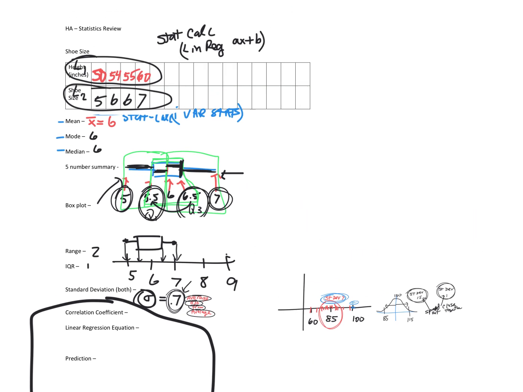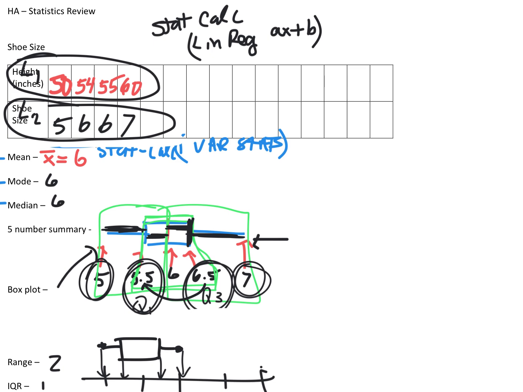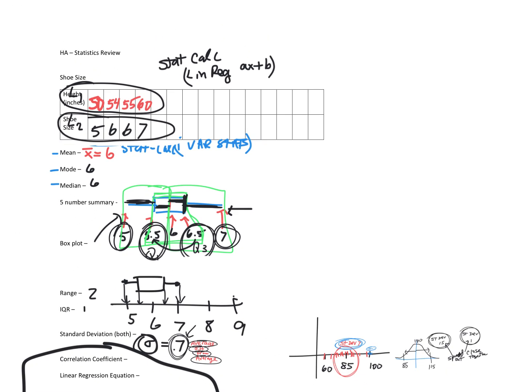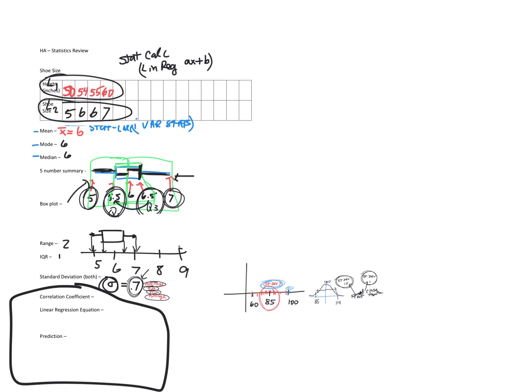The prediction, I'm going to ask you at the end after you've got the equation. What if the person is this tall? How big should their shoe size be? That'll be the prediction thing. All right, I'm going to pause for a second and walk around and make sure you know how to do the linear regression and the correlation coefficient.